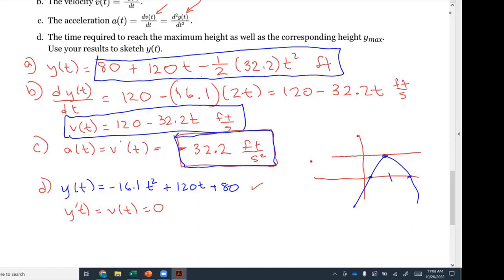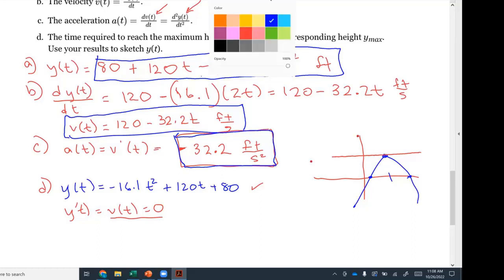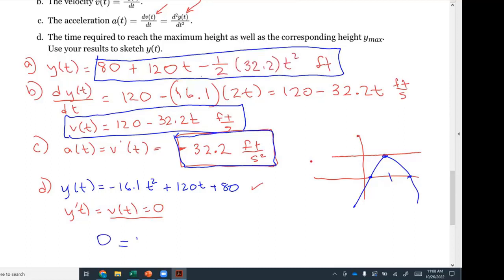When it starts running out because of gravity pushing down on it, at the very top, the velocity will be 0. And then when it starts coming down, we call that a negative velocity. At the very top, our velocity should be 0. And so that's why we take the first derivative and set it equal to 0, which is what we're going to do now.